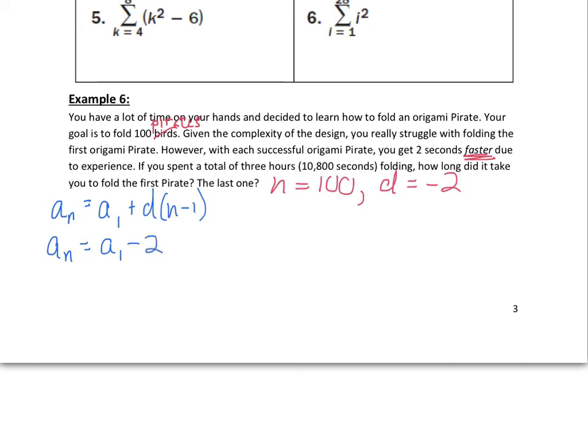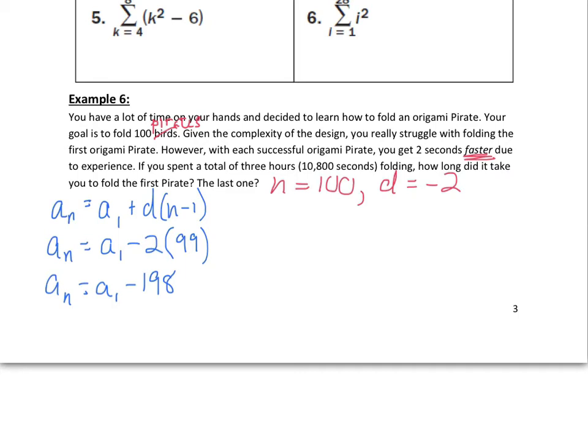So I'll go ahead and insert -2 for d, and I know that n is 100, so n minus 1 is simply going to be 100 minus 1, or 99. And now I can do a little bit of mental math. -2 times 99, a sub n equals a sub 1 minus 198. Now check this out. I have one equation with 2 different variables. I can't solve this the way it is.